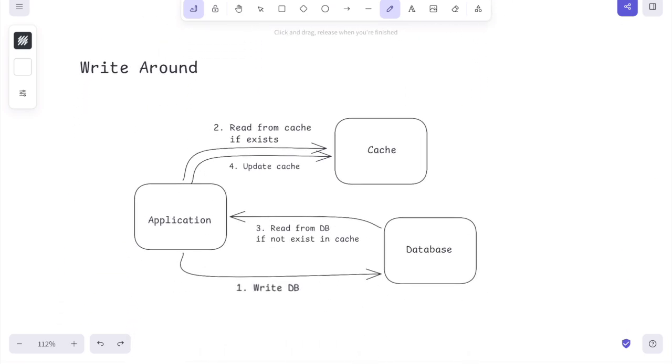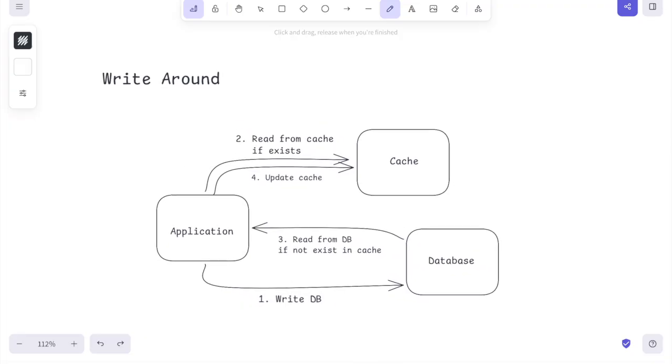The third one is the write around. In this, the writes go directly to the database, bypassing the cache entirely. The cache is only populated on reads, basically when there is a cache miss. The pros include that it prevents cache pollution, and it is good when data is written once and rarely read.